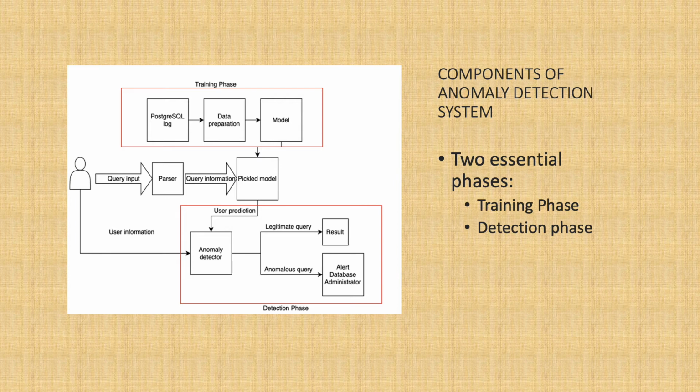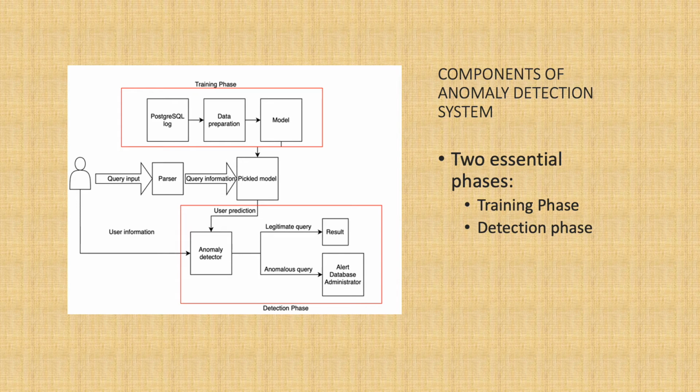And this is the detection phase. The anomaly detector is the main component of this phase, which detects if the user query is anomalous or not. Whenever the user requests a query, it passes through the parser, which compresses and optimizes the query, and then the optimized data is passed to the pickle model. This pickle model consists of the developed models, which we developed in the training phase and stored in the pickle model.